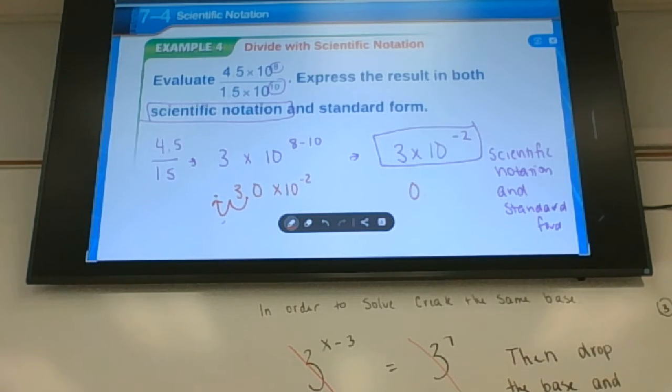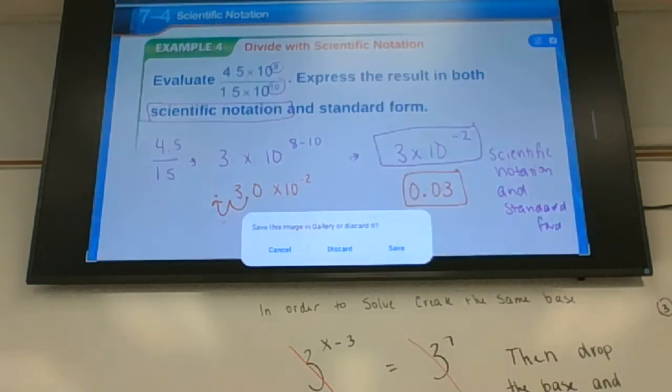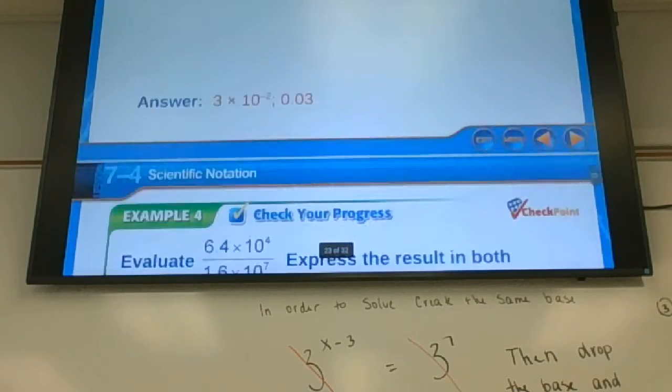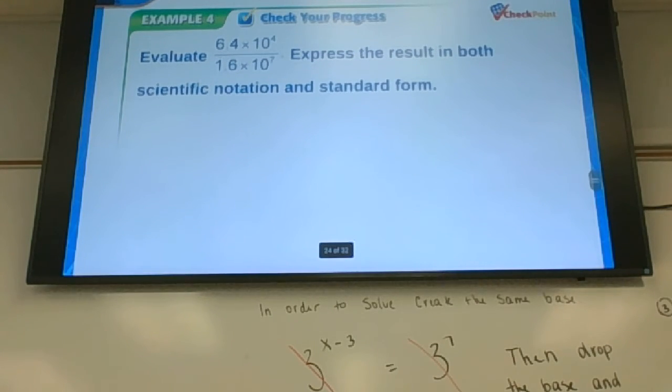So standard form would be 0.03. Might require a little bit of practice after all. Alright, I'll go ahead. Scientific notation and standard form.